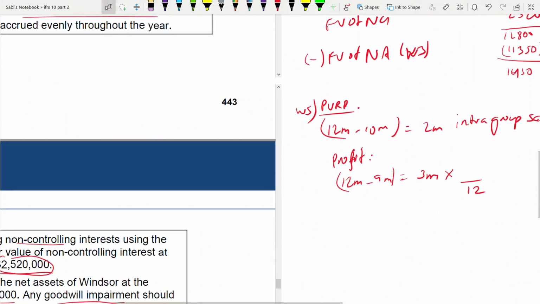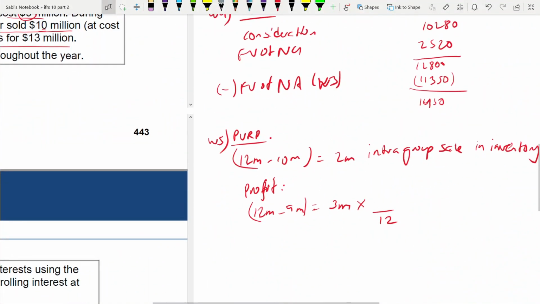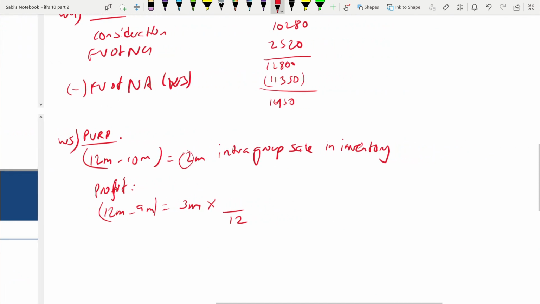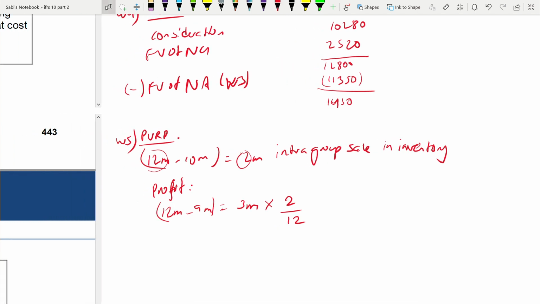Okay, the profit. The profit is here. This is an intergroup sale, right? 2 out of the 12 that you have received. So 2 over 12 into this 3. This is how you do that. This is the profit that remains in inventory if you want to find out.